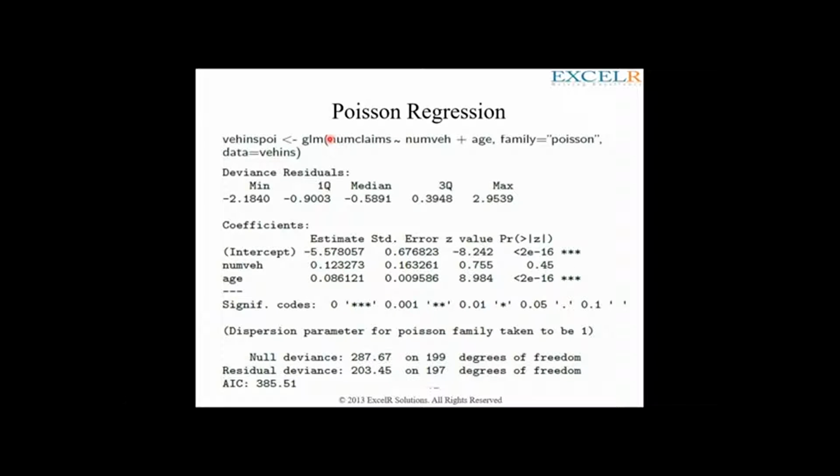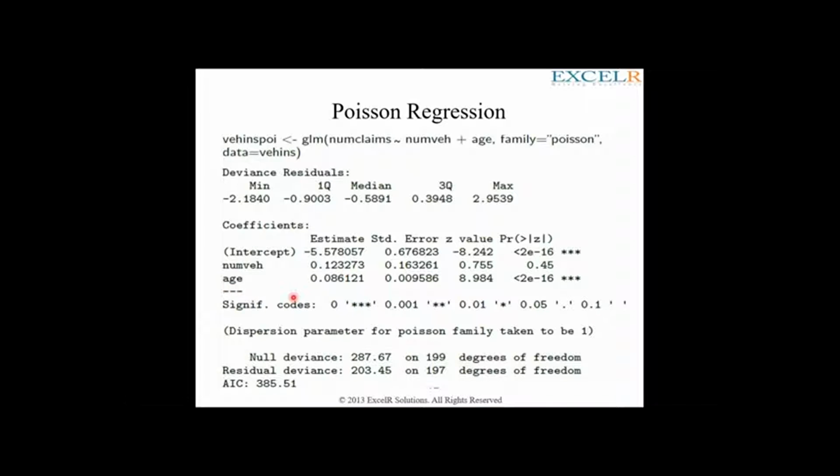Log of number of claims, right? Is going to increase by 0.123 times for every unit increase in your number of vehicles. So if I'm going to increase the number of vehicles by 1, your log count, log of number of claims basically, is going to increase by 0.123 times.